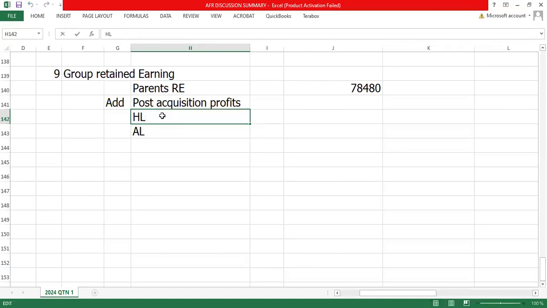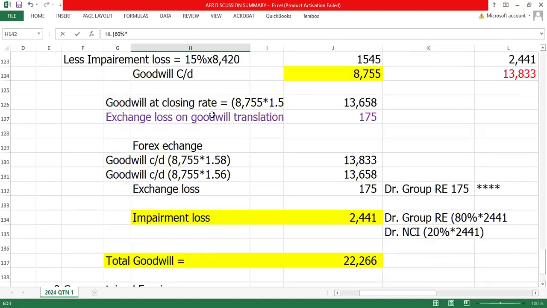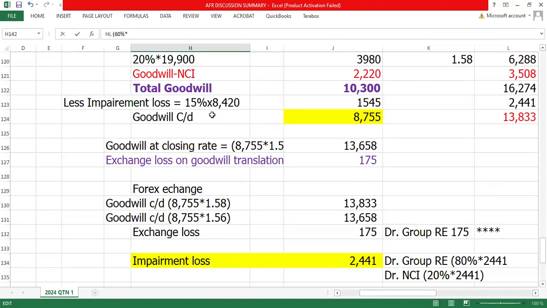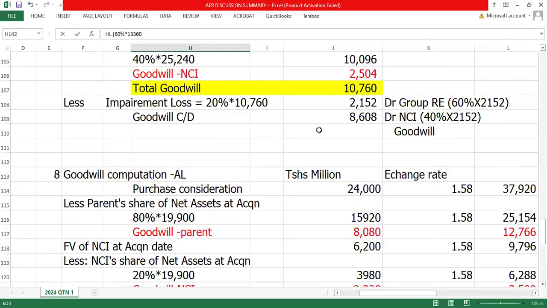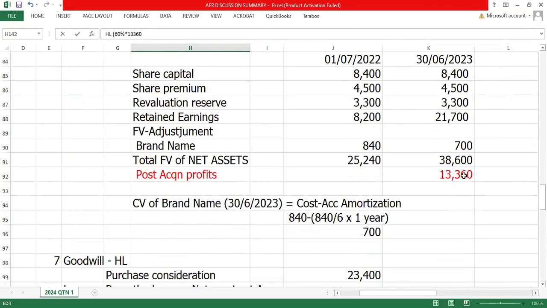In HL you hold 60%. So 60% times what was our post-acquisition profit? 13,360, from our workings here.